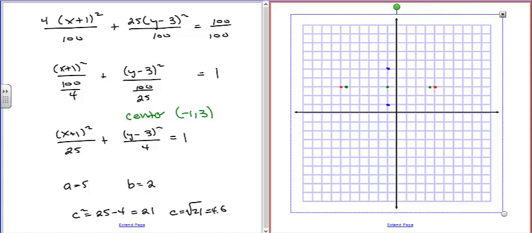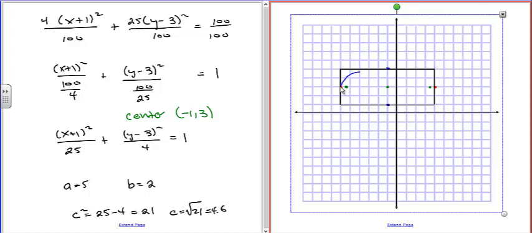So in this case, the focal points are inside the box. For hyperbola, they're outside the box. And we really don't use the focal points to help us draw this thing. So from that we can draw our curve.